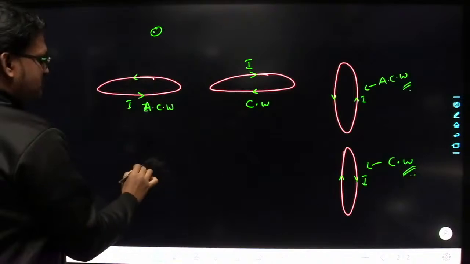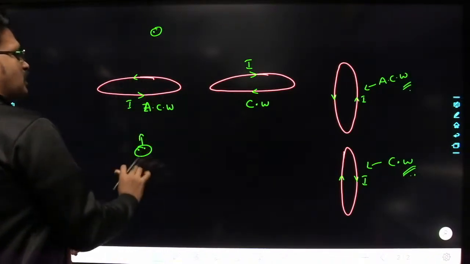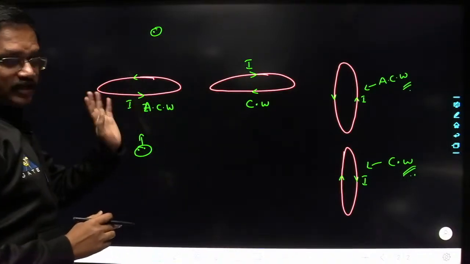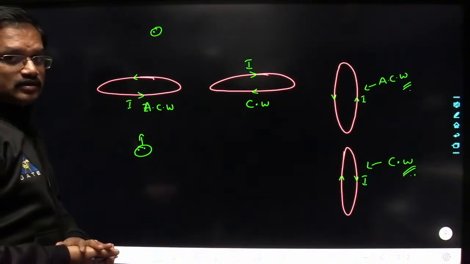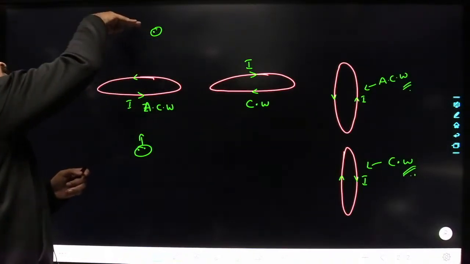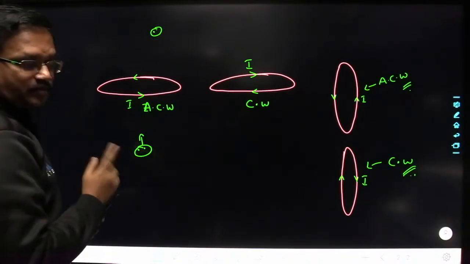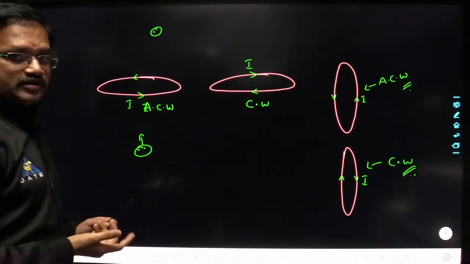If the same person is looking at this loop from the bottom, it appears as clockwise. So if you view this from top, it appears anti-clockwise; from bottom, it appears clockwise.